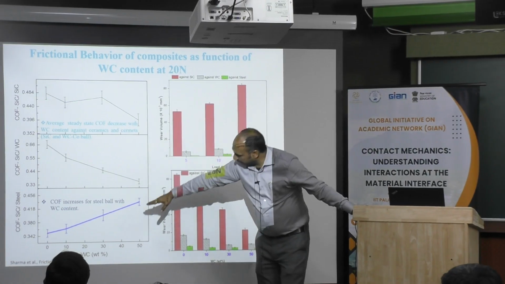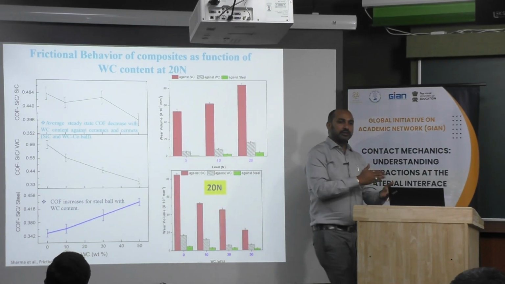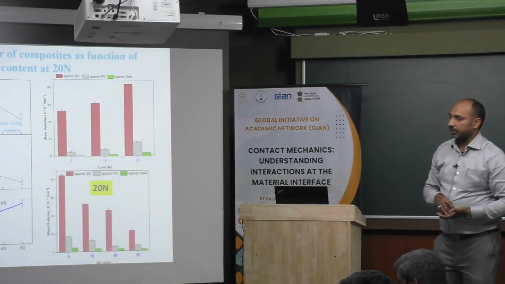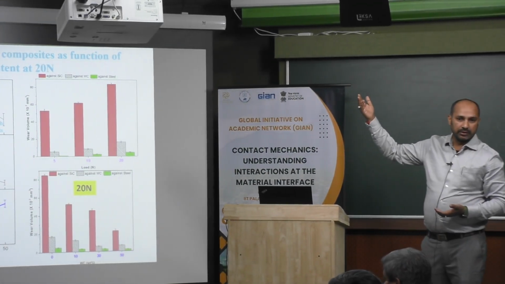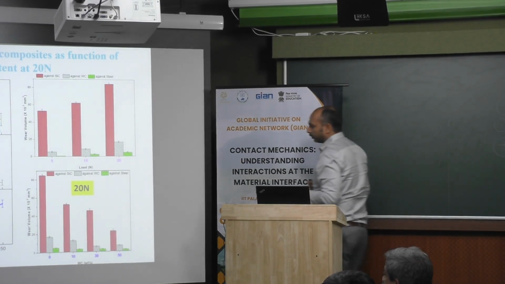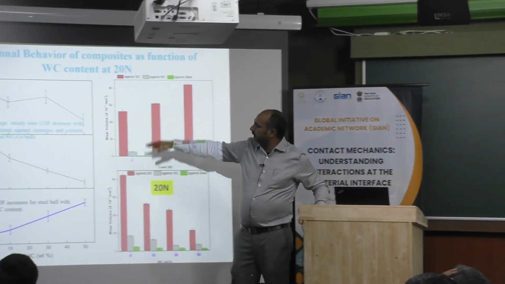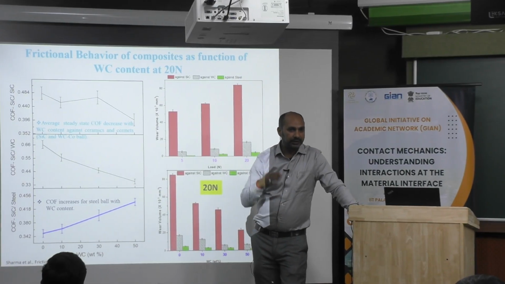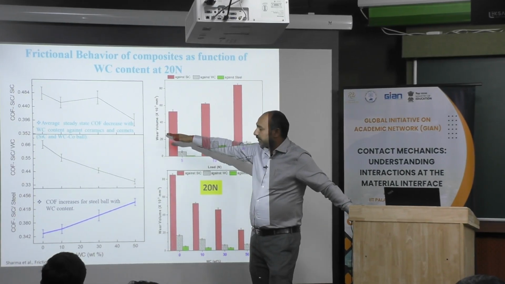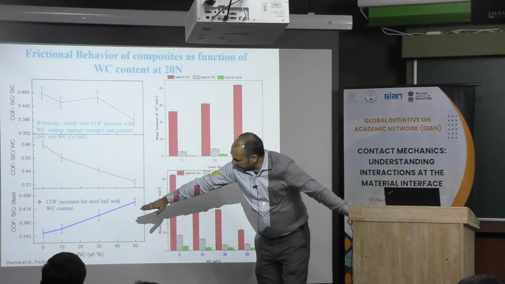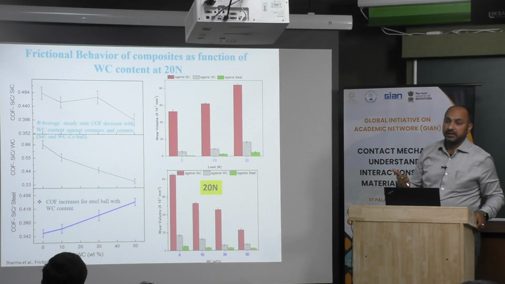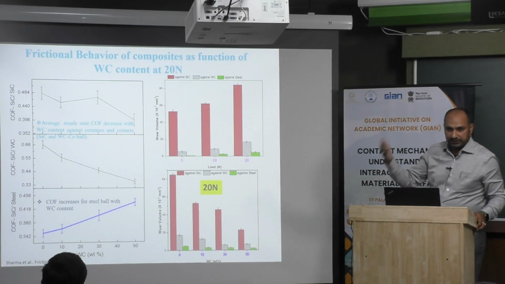But very interestingly, if you go for steel, with incorporation of more tungsten carbide particles, it is actually increasing. So as per theory it should decrease because we are incorporating more of a softer phase in the matrix. It is decreasing for all conditions, but very interestingly it is increasing if you go for the metallic body, silicon carbide body. Sorry, steel body.